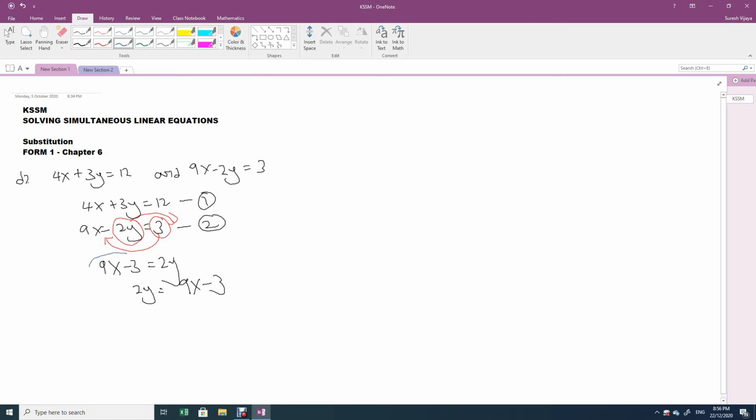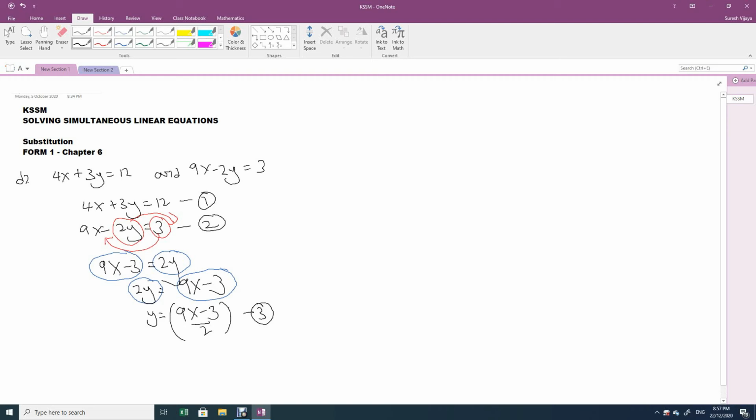Let's say like in this case, you change 9x minus 3 completely to the right hand side and 2y completely to the left hand side, so there's no change in the sign. Okay, so why I'm changing this is, normally we will want to put the y at the left hand side. So we have this 9x minus 3 equals to 3.